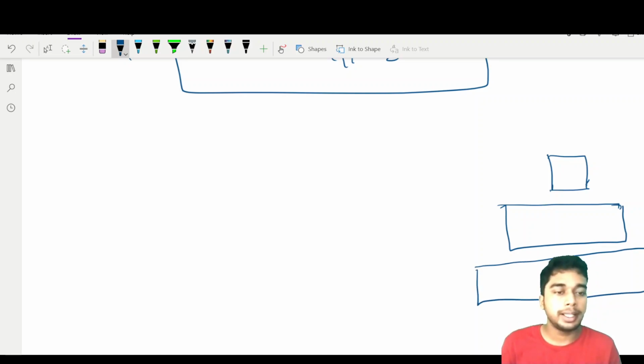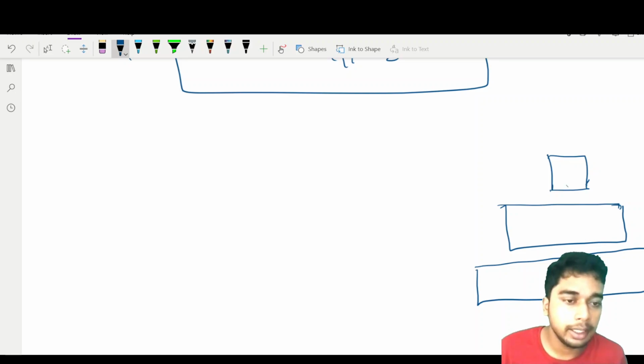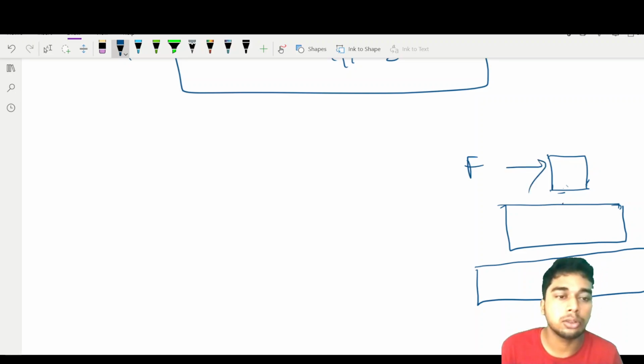For better understanding, I have drawn all the diagrams clearly. So see here, I am applying a force on this block. So this block will try to move forward, but the frictional force in between will oppose.